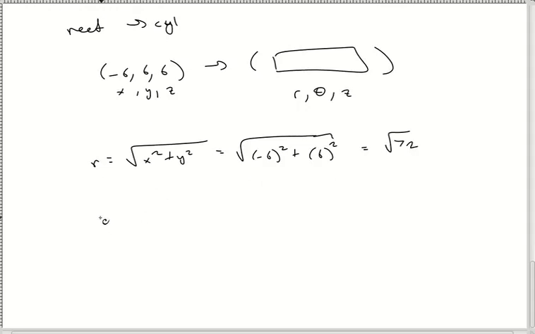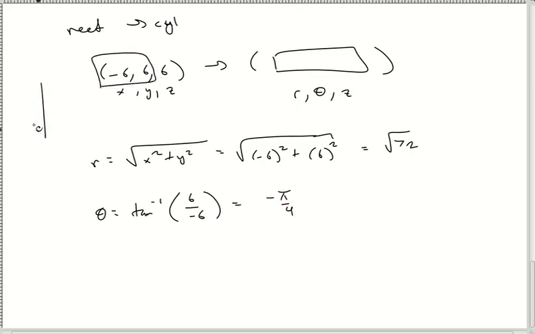So that's good enough. My theta is arctan of y over x. Arctan of negative 1 should be basically negative pi over 4. But here's the thing. That's what I would get from the calculator, essentially. But where is this located? If you draw a quick little sketch of where the xy coordinate is, negative 6, positive 6, it's over here in quadrant 2.